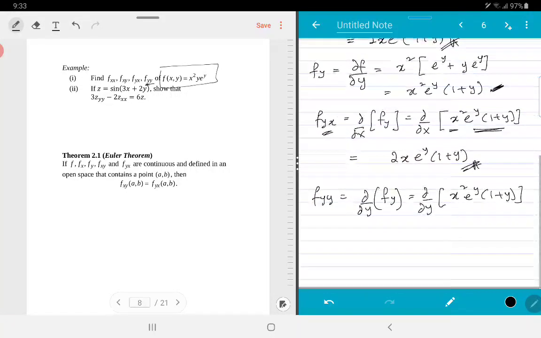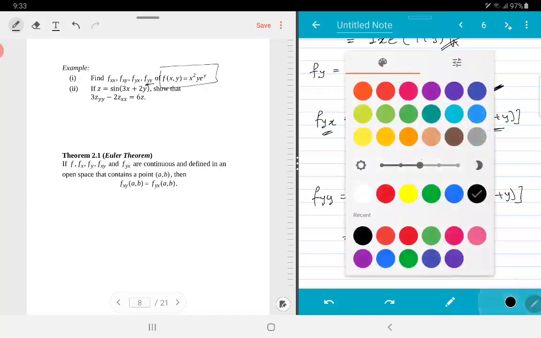When you differentiate with respect to y, we consider x as a constant, so x squared is held as a constant. We need to differentiate this bit with respect to y, and here you can see that we have to use the product rule.